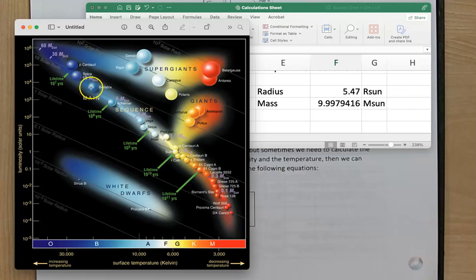And that means that the mass should be about 10 and the radius should be less than 10 solar radii. So 3, 5, something like that. And then if you do your work and it comes out with 5 solar radii and 10 solar masses, then bingo, you must have the right answer. Always a good way to check your work.